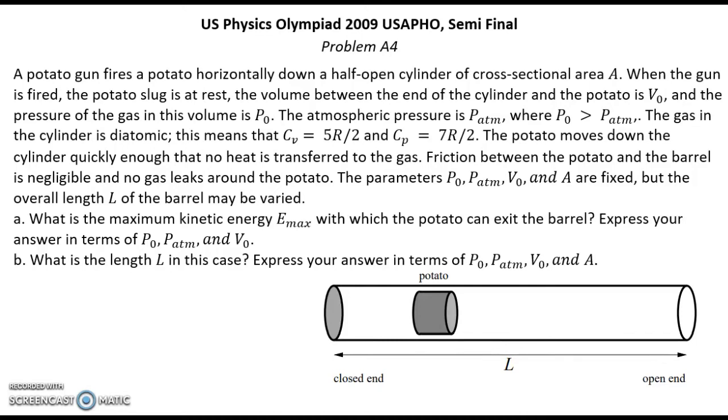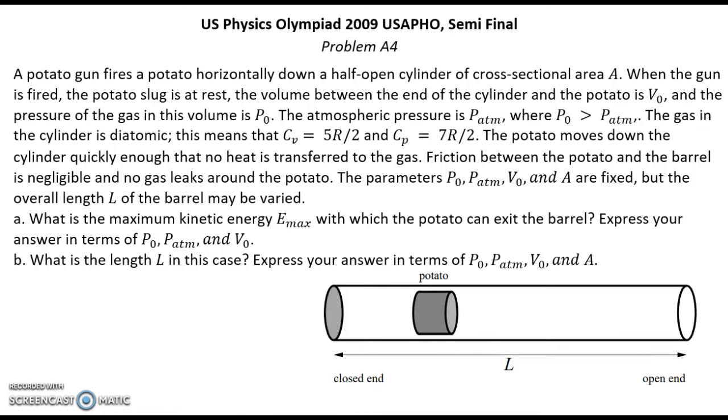The atmospheric pressure is P atmosphere, where P0 is greater than P atmosphere. The gas in the cylinder is diatomic. This means that Cv equals 5 over 2 R and Cp equals 7 over 2 R.